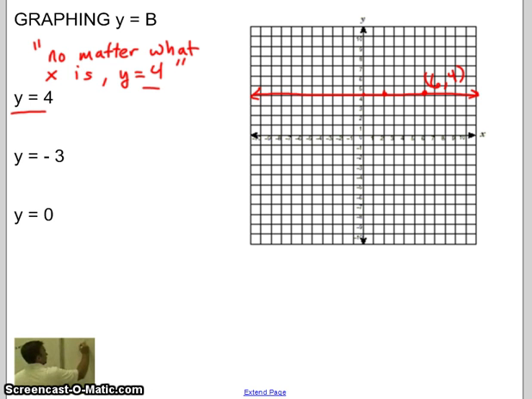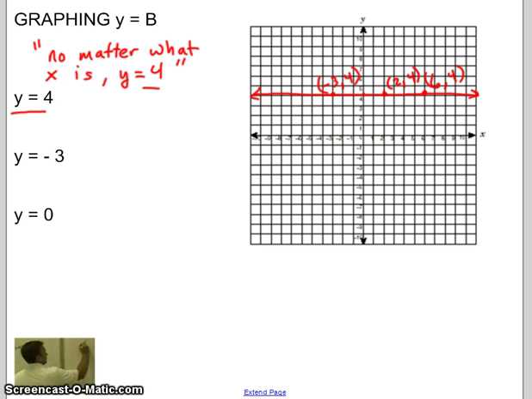This point is 2 comma 4. This point is negative 3 comma 4. If you notice, all the y coordinates are 4. So x could be any number, y is going to equal 4. And that's how we graph y equals when there's no x.